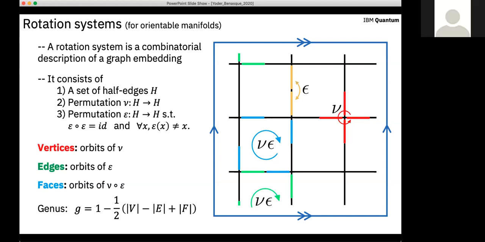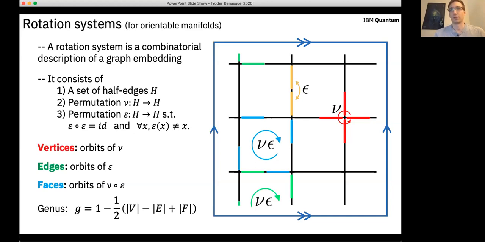Sorry, Ted, can I just ask a question? Yes. The set of half edges, is that the full set of half edges on the whole graph, or is there some kind of vertex transitive action that you insist on? Right, so this is the full set of half edges, and the group generated by nu and epsilon should be transitive.